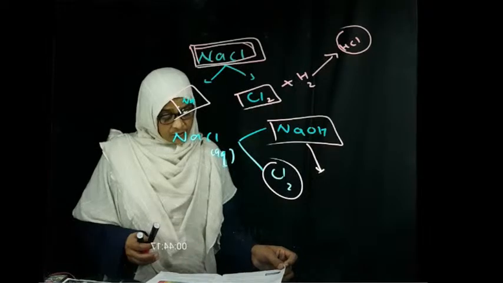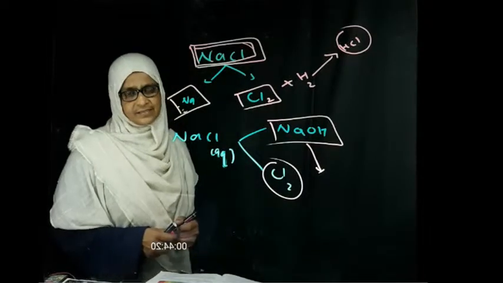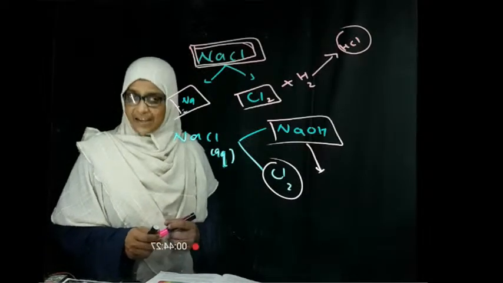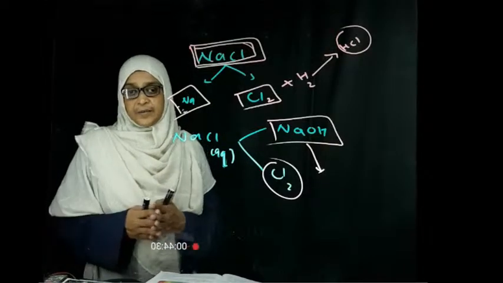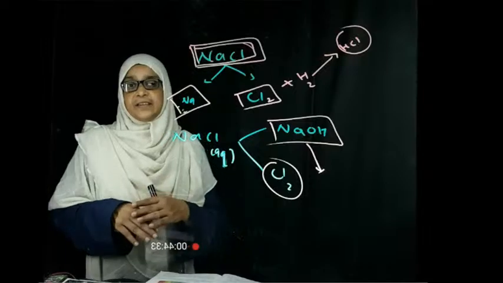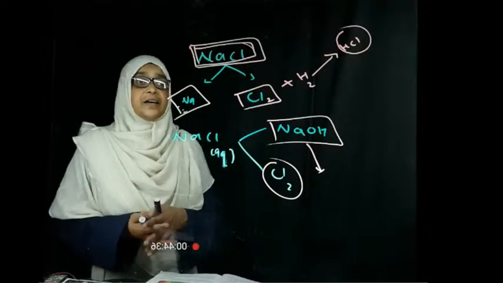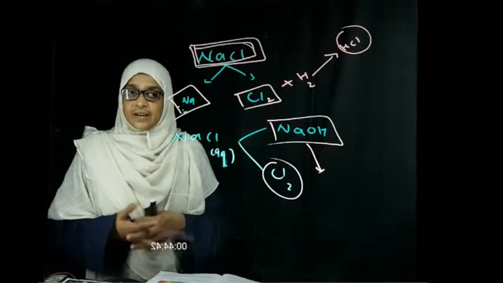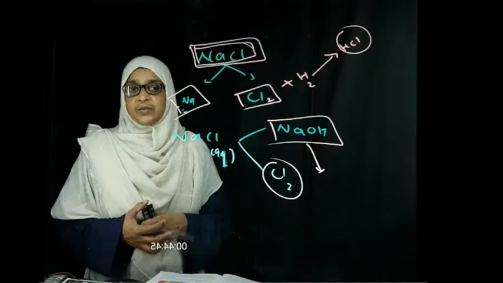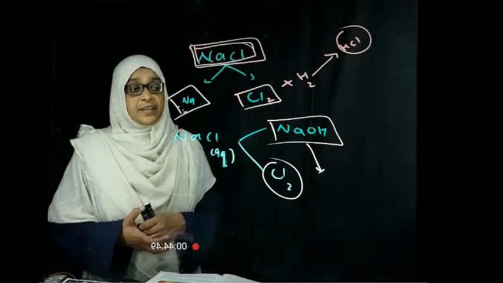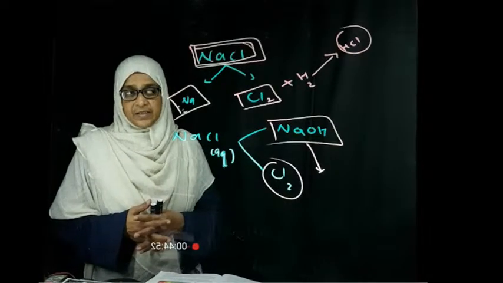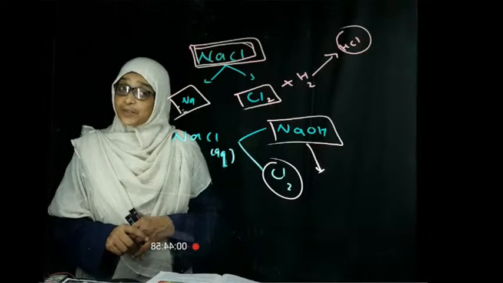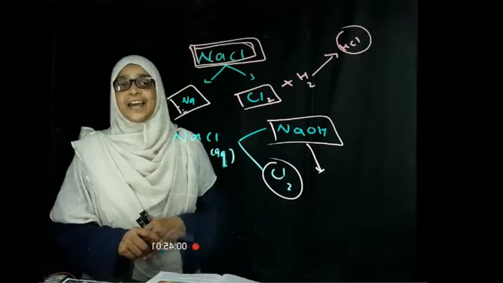And also used in tanning. What is tanning? Tanning means making use of the skin, not human skin, but cow, goat, like these animals. Using these animal skins, they preserve them using sodium chloride. If you ask the butcher, they will explain.